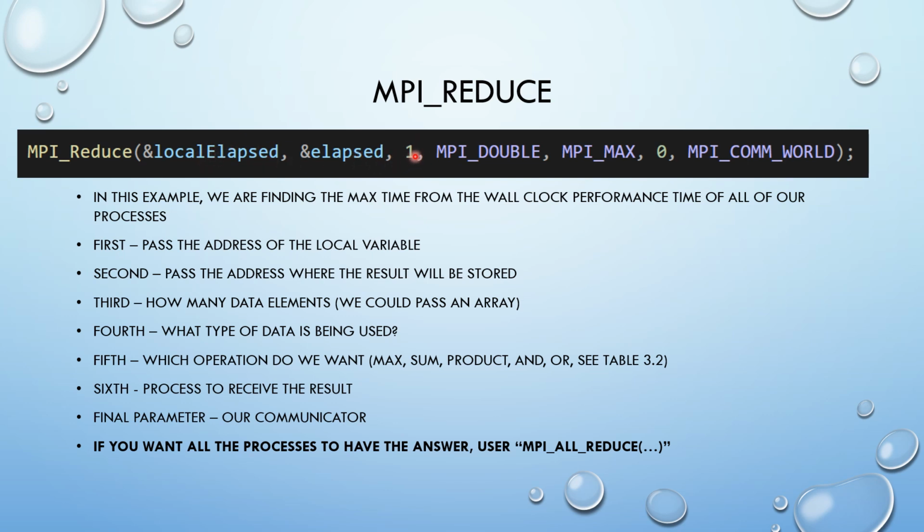We're not doing an array or anything like that. So that is 1. We tell it what type it is. This is a double. And we tell it which function we want. We want the max function. And then finally, after the max function, we say which process is going to receive the final result. In this case, we use the default process 0, and again, we must provide the communicator data structure that helps all these things talk together.